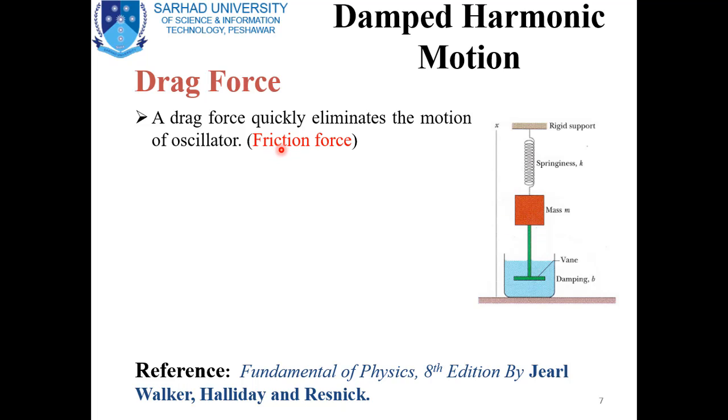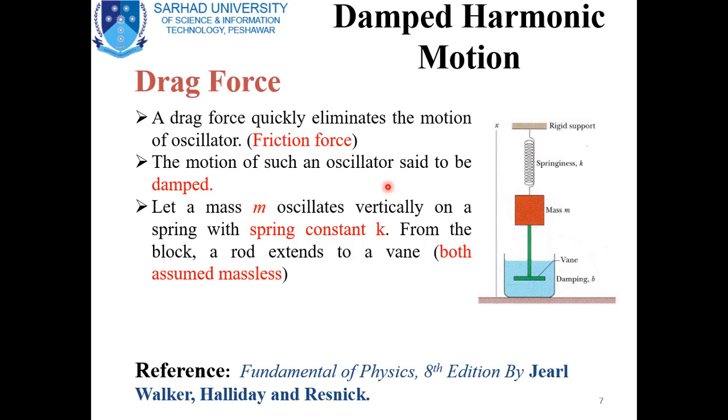So the drag force is a frictional force. When the motion of the oscillator is reduced by an external force, the oscillator is called a damped oscillator, and the motion of such an oscillator is said to be damped. So let us define some parameters to develop the expression for damped harmonic motion.